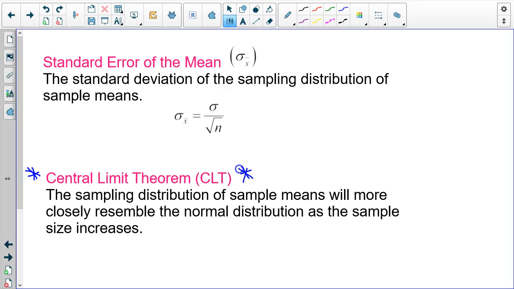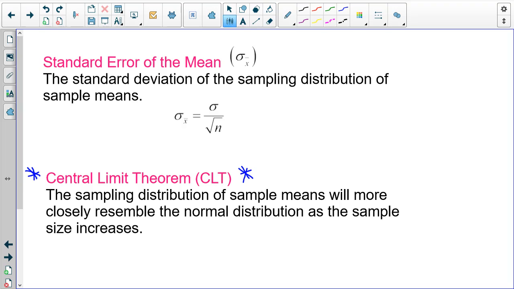It's very useful. The central limit theorem says the sampling distribution of sample means will more closely resemble the normal distribution as the sample size increases. So like what I was just saying, if you don't know the distribution of the population, then the larger your sample, the more it's going to be normal.